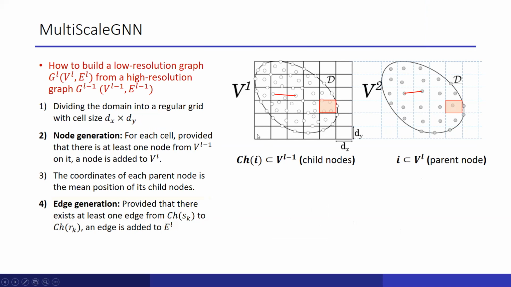Yeah, for example, if the grid size is very small, there might be a grid rectangle that doesn't contain any node. Did they explain how to handle that? In that case, you don't need to add any nodes in the new graph. I see. So the principle is that if there is at least one node in a cell, then you need to add a new node. Otherwise, you don't need to add anything. Thank you.